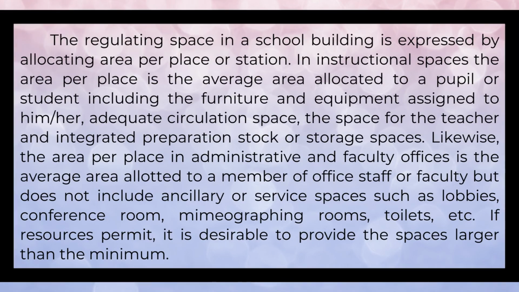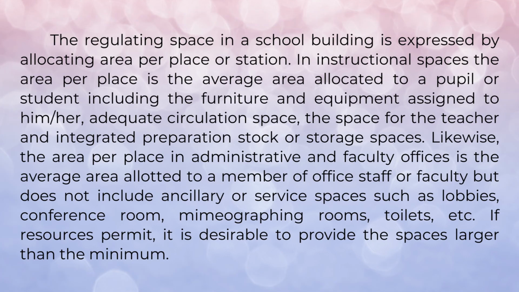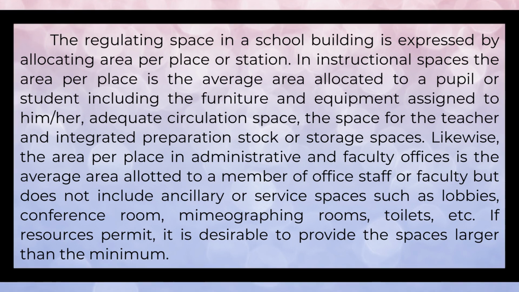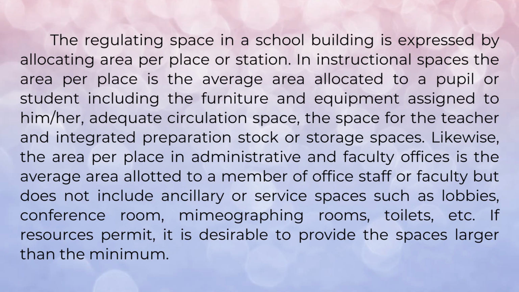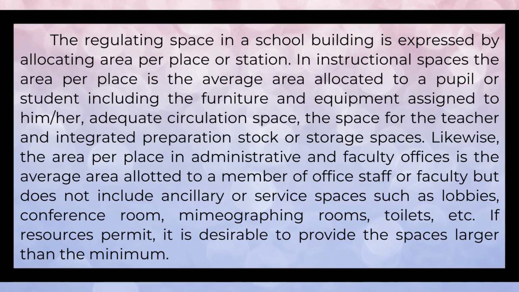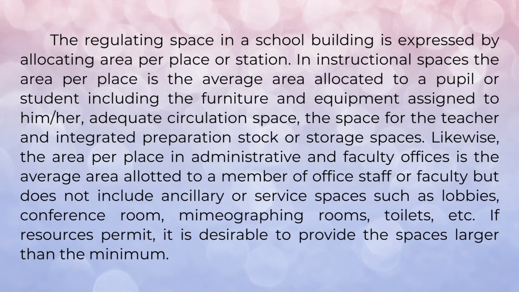The regulating space in school building is expressed by allocating area per place or station. In instructional spaces, the area per place is the average area allocated to a pupil or student, including furniture and equipment assigned to him or her, adequate circulation space, the space for the teacher, and integrated preparation staff or storage spaces.